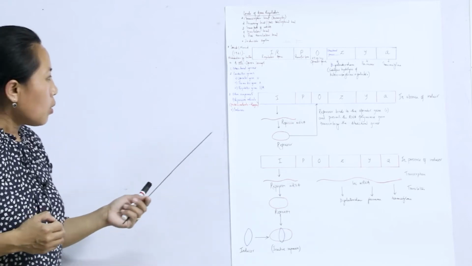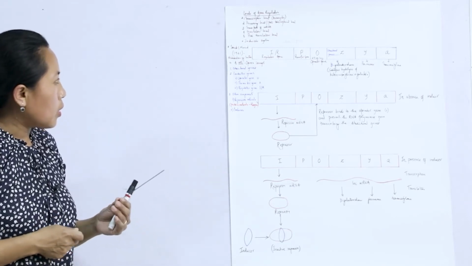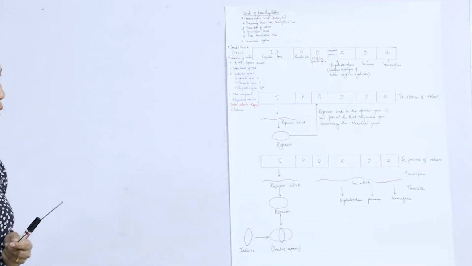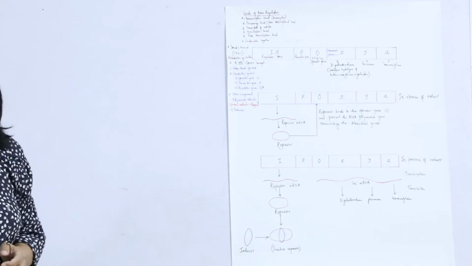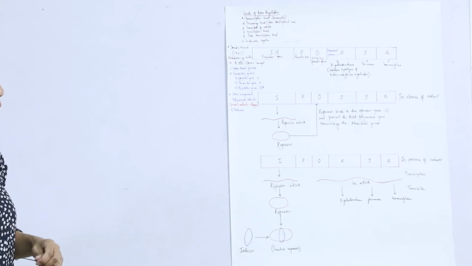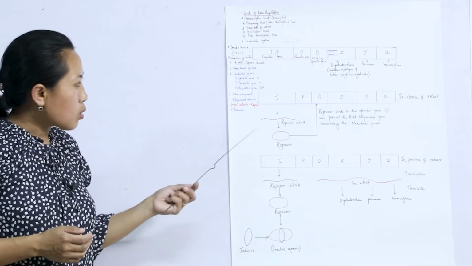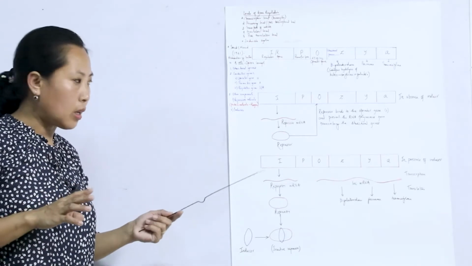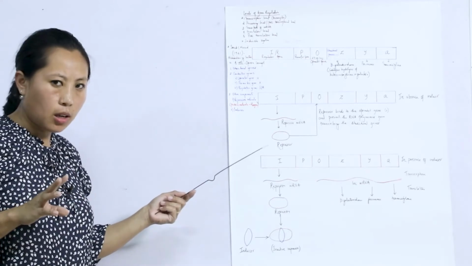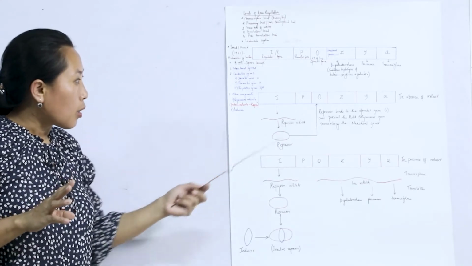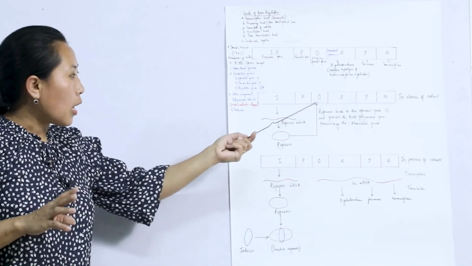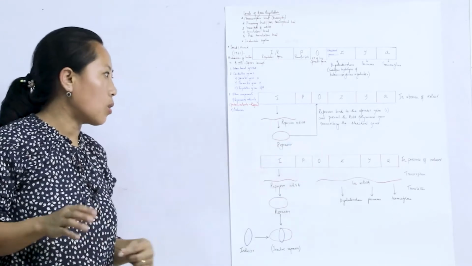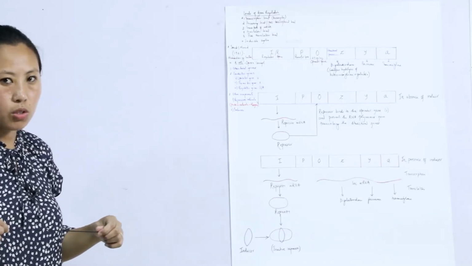Okay, so now in this lac operon, in the absence of inducer, this repressor molecule, which is coded by the I gene or the R gene, has high affinity for the operator gene. They bind to the operator gene and prevent RNA polymerase from transcribing the structural genes.